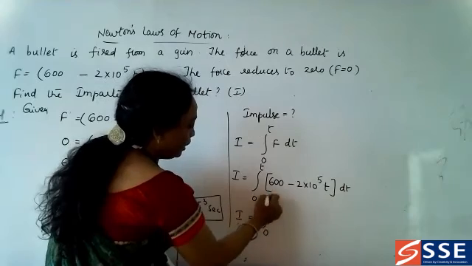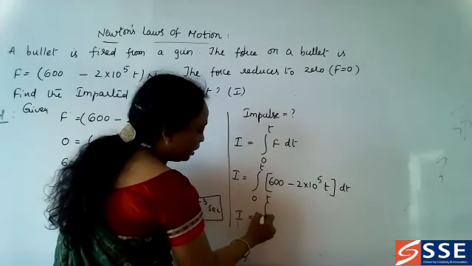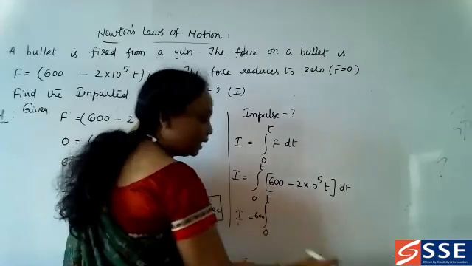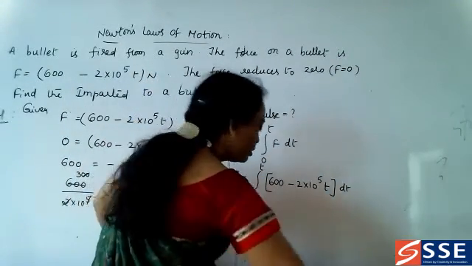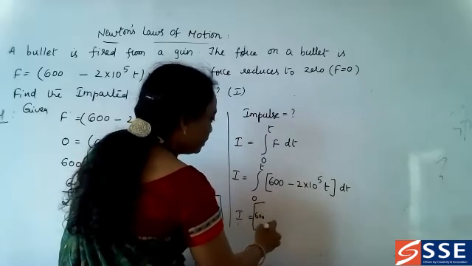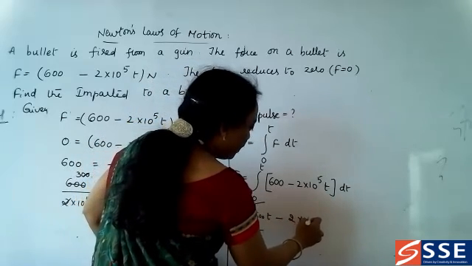So from 0 to t of 600, if you integrate this, 600 will come out of the integration, into t minus 2 into 10 power 5.